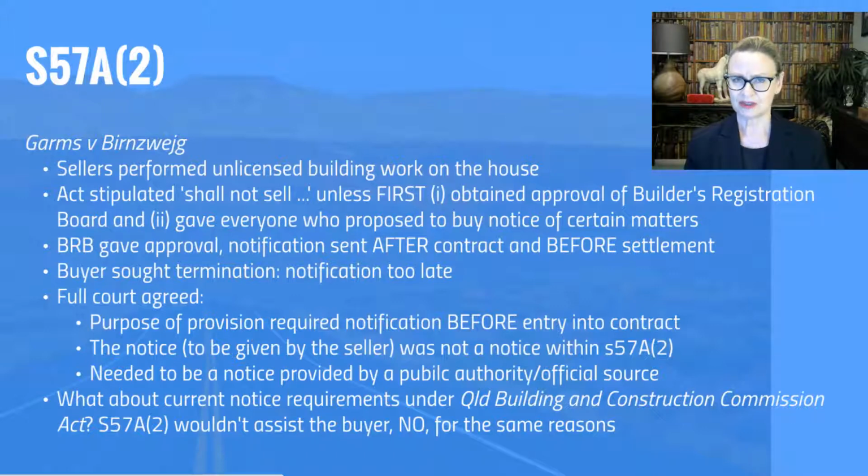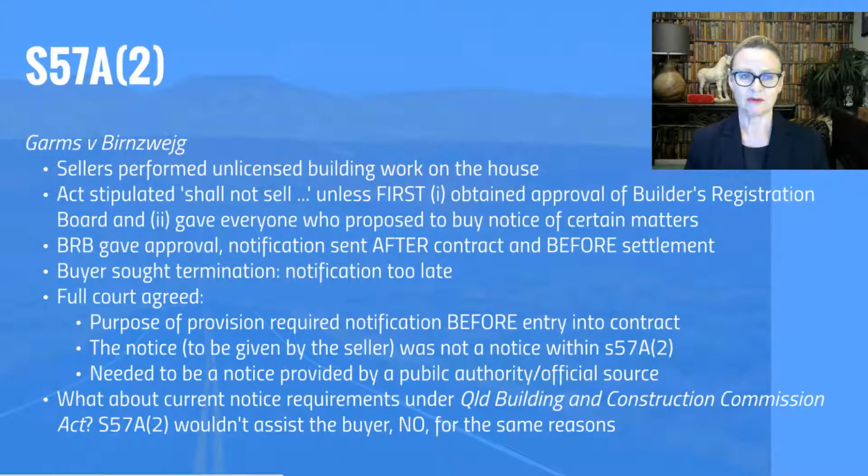But the other issue here was that the notice that the seller was required to provide wasn't the kind of notice, certificate or approval that had to be obtained under the equivalent of Section 57A2. They said that provision really deals with consents and approvals that come directly from a recognised third party, a public authority.